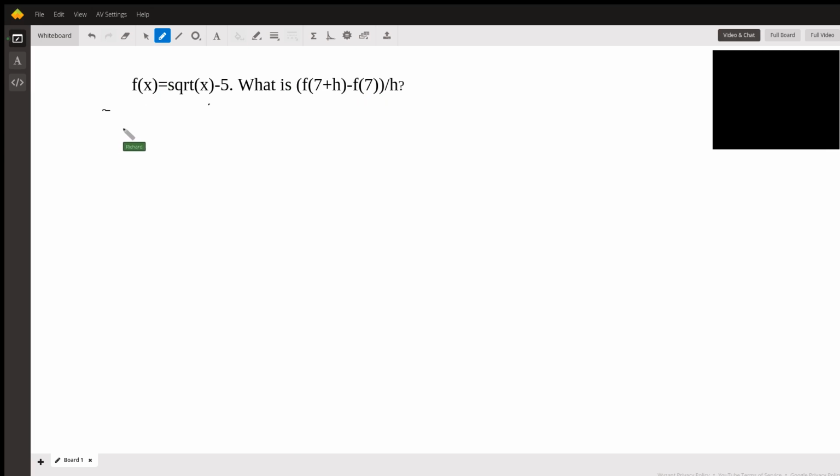So we have f of x equals the square root of x minus 5. And we want the difference quotient, which is f of 7 plus h. Oh, excuse me, I wrote that wrong.